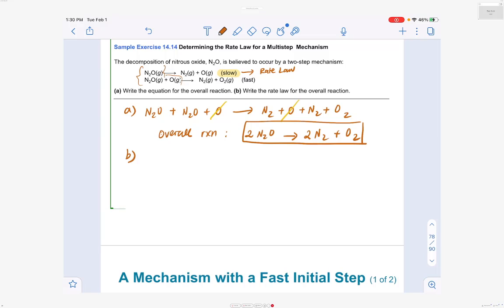For the rate law, it's going to be determined by the slow reaction. So we know that rate law is going to be constant K multiplied by the concentration of the reactant in the first step, or the slow step, which is nitrous oxide.